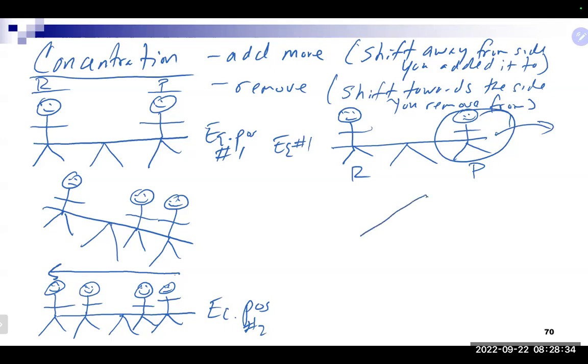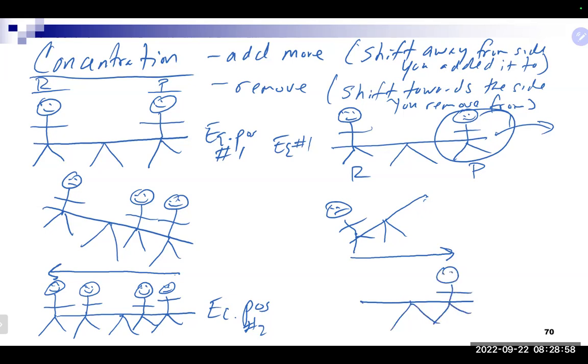What's going to happen is we get this situation where this guy is not so happy on that side. To fix it, we need to put more people back on the right-hand side in this case. So we remove from the right-hand side, it will cause it to shift to the right-hand side. And once again, it will be able to return back to equilibrium position at this point.